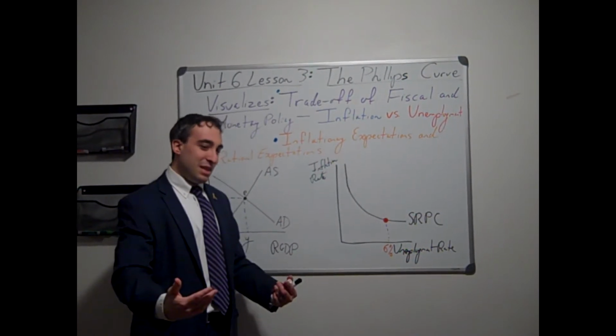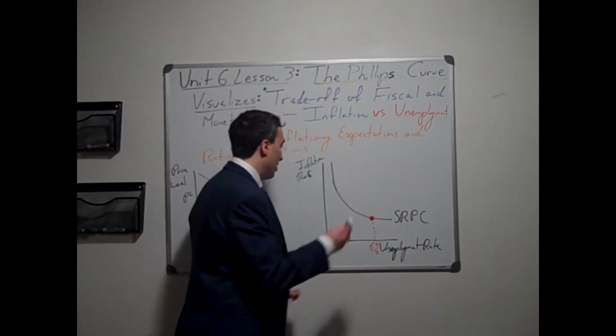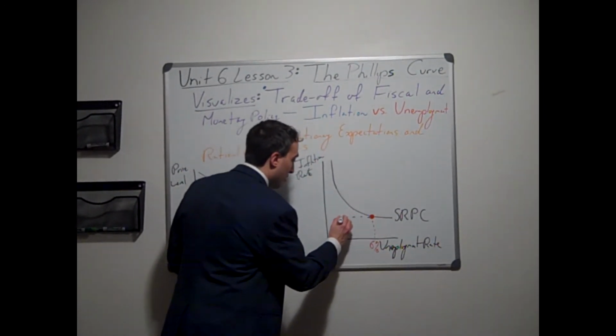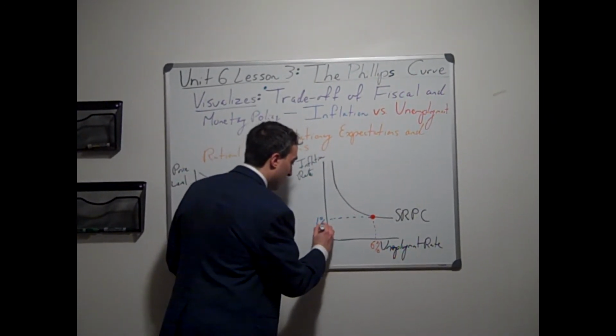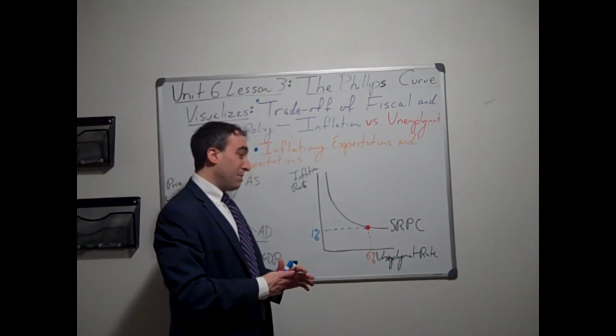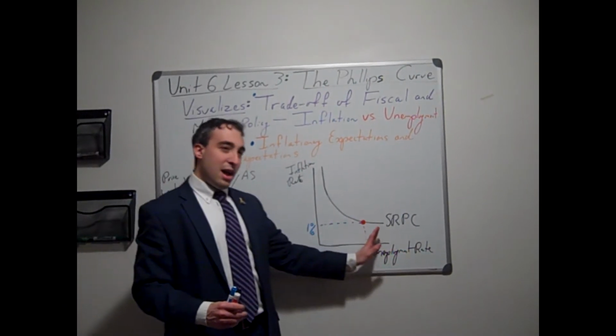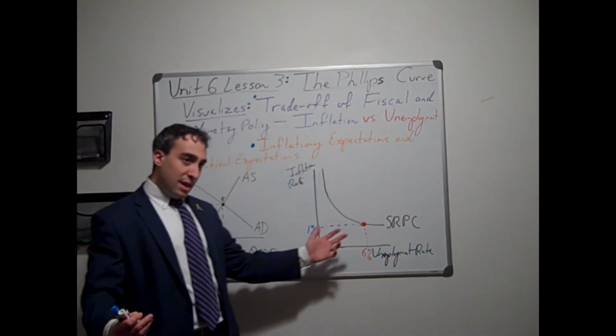And if there's less spending, prices are going to drop. So we also have low prices. So we see right away, less spending and high unemployment go together.